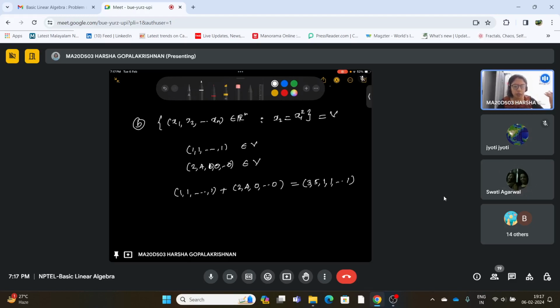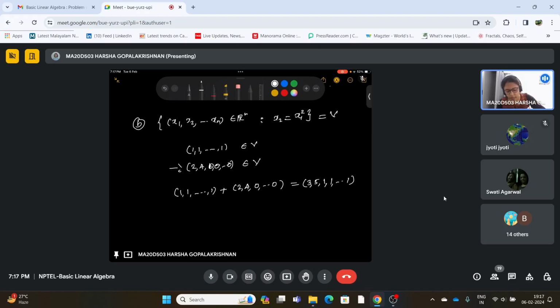Like after doing something, we will understand whether it is going to work for every element, or if we are doing some modification, whether it is not going to work. So here we are taking 2 elements, suppose 1, 1 in V, and the second element as 2, 4 in V. Why is it in V?